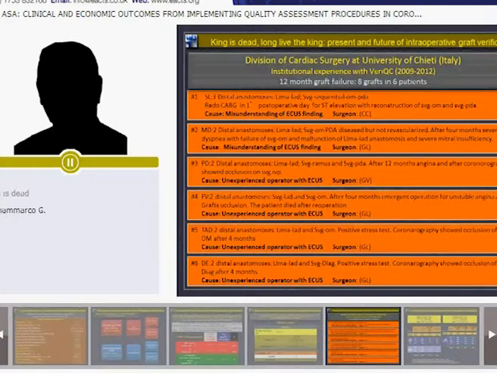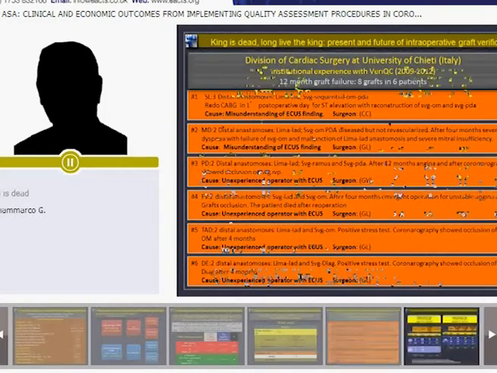All the cases were misunderstanding of the high-resolution imaging or an inexperienced operator who was making the prediction of patency of the graft. And in 4 out of 6, it was the same surgeon who did the mistake.